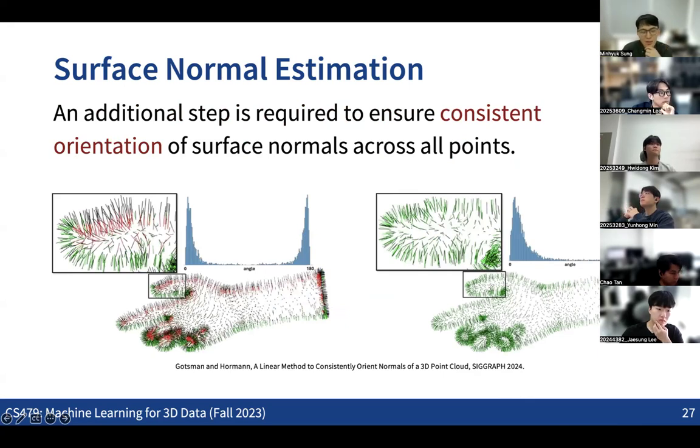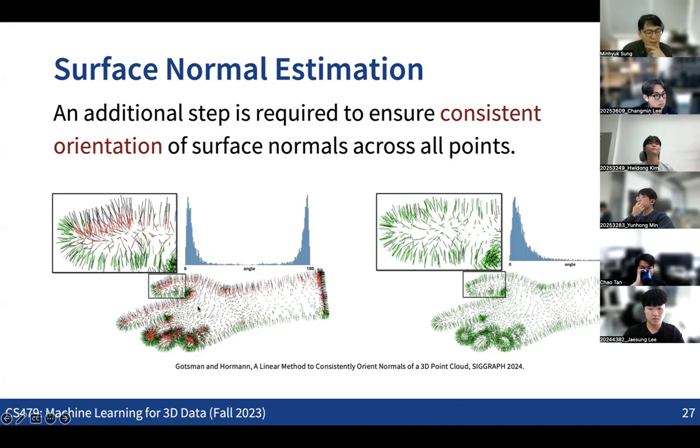So the surface normal should head in the outgoing direction from the surface, or the inside direction, for all the points. But if we estimate the surface normal in this way, it's hard to define which one is the outgoing direction and which is the incoming direction.